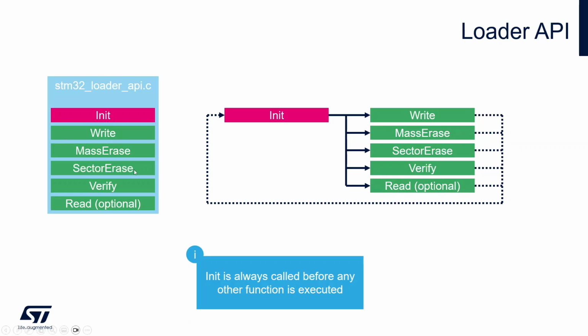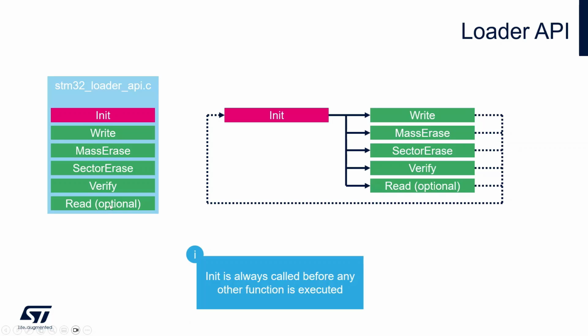Usually the external loader has a defined API, the functions which the Cube IDE, Cube Programmer or the IAR or Keil require to be there. It's usually the init, write function, mass erase function, sector erase function, and the verify function. And optionally, in case the memory is not possible to map on the internal space of the STM32, it can be read.